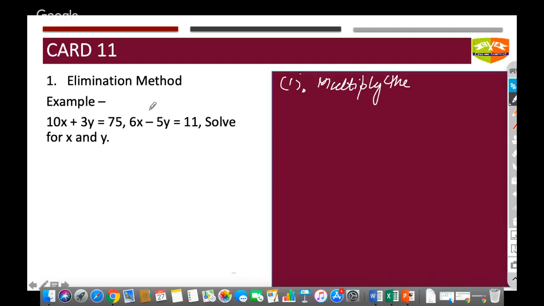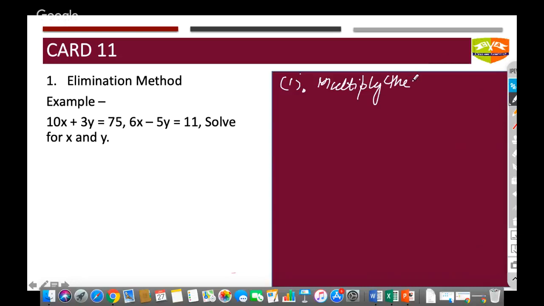What is the nearest number which is equal for a1 and a2, which are here 10 and 6? I'll take the LCM of 10 and 6, which comes out to be 30. It means that if I need to eliminate x, I need to make it 30. Or if I take 3 and 5, the LCM is 15, so I need to make 3y and 5y into 15y.